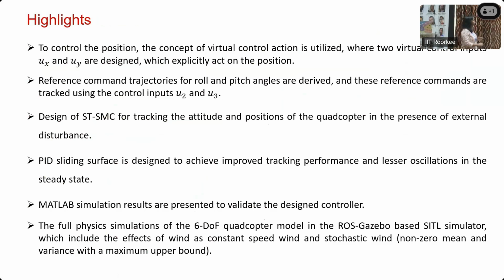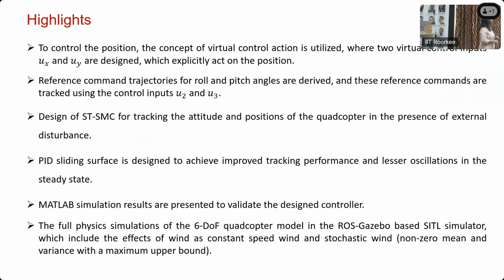In this scenario, we have designed a PID sliding surface. Using that PID sliding surface, we have given the control inputs U1, U2, U3, U4, and UX, UY also. First, we have done the simulation in MATLAB, and then we have also done software in the loop simulation of this Iris model of the quadrotor with the effect of different wind conditions in the Gazebo environment.